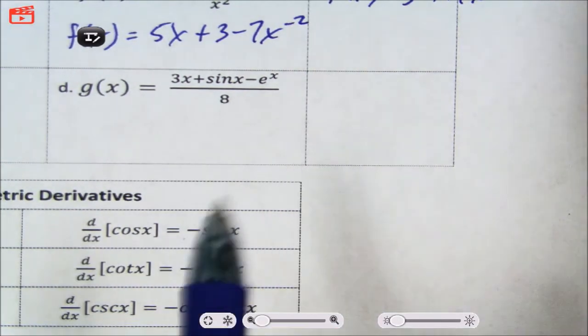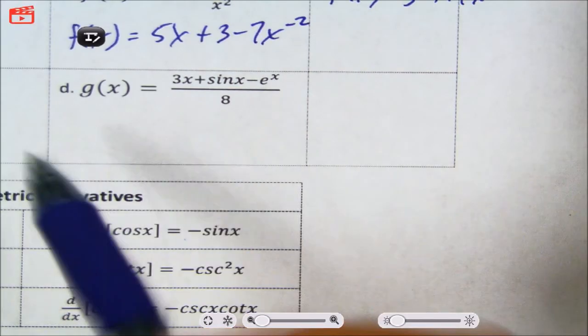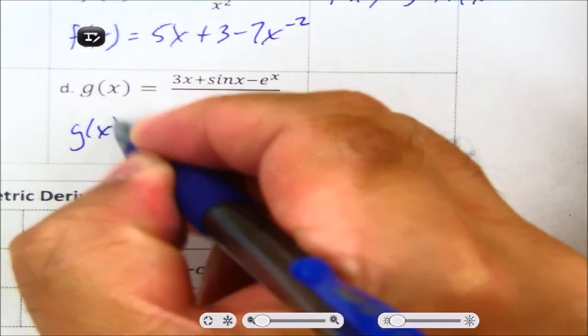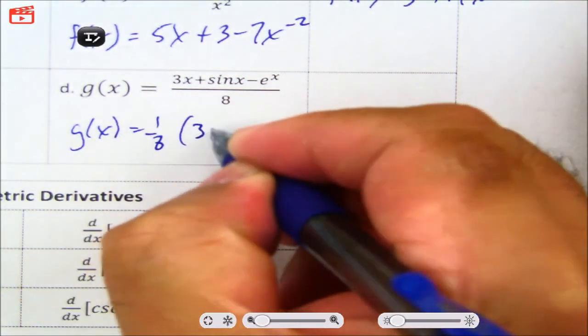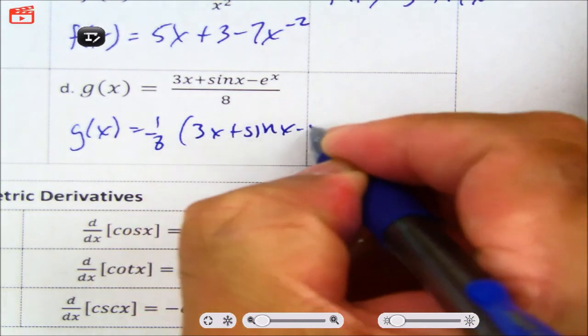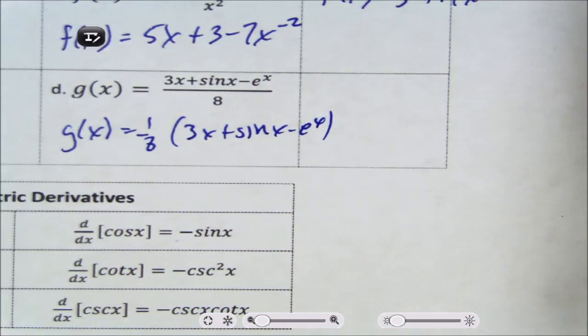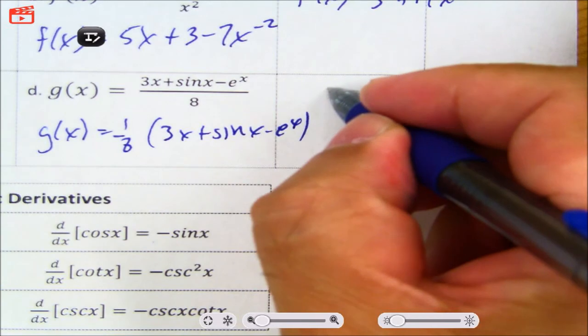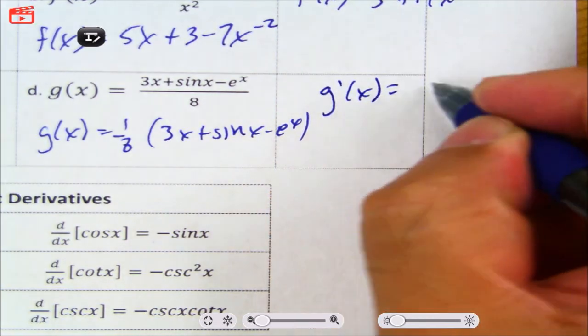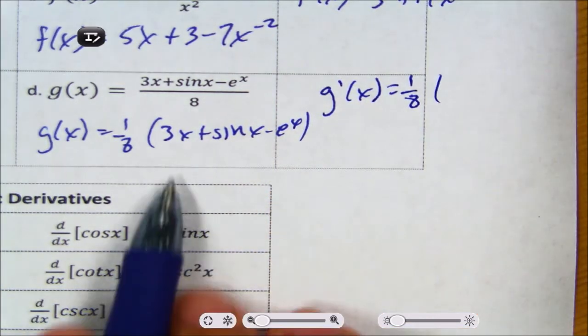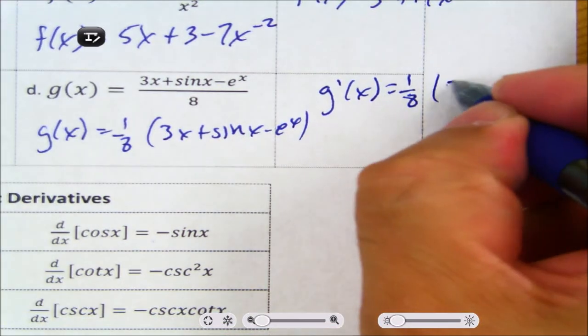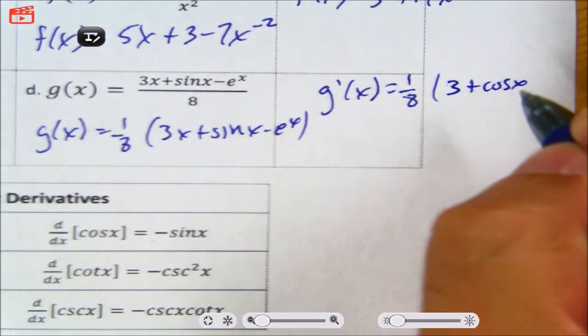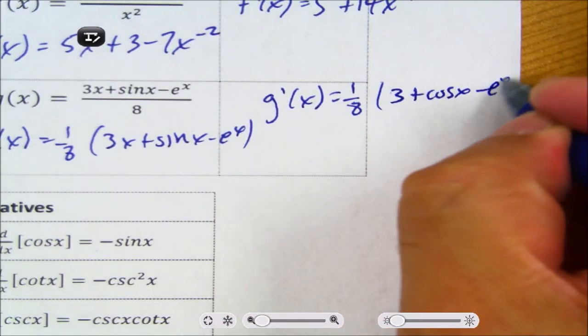All right, so this one, I am going to just treat it as 1/8 times 3x plus sine x minus e to the x. So g prime of x equals 1/8 times the derivative of that. So that'd be 3 plus cosine x minus e to the x.